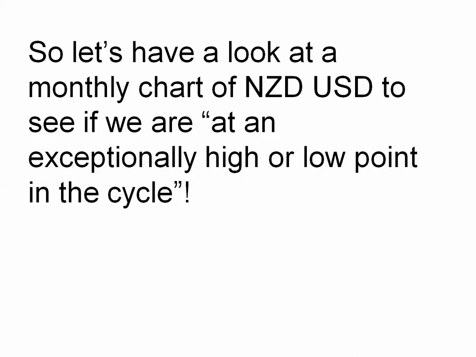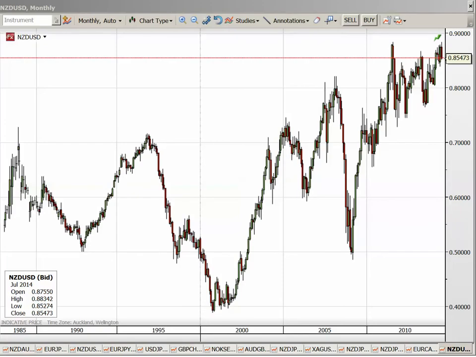Okay, so let's have a look at the monthly chart of NZD USD to see if we are at an exceptionally high or low point in the cycle. And here we have the monthly chart of the New Zealand dollar going back 27 years, and you can see that by any argument we are certainly at the high end of the cycle.